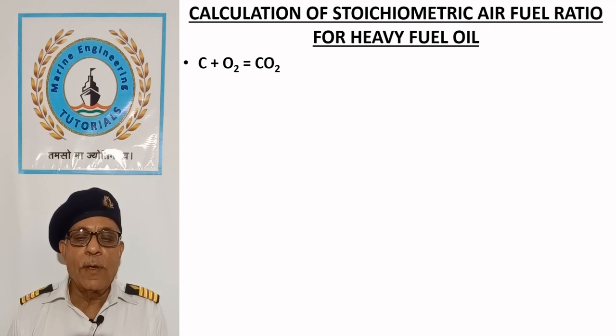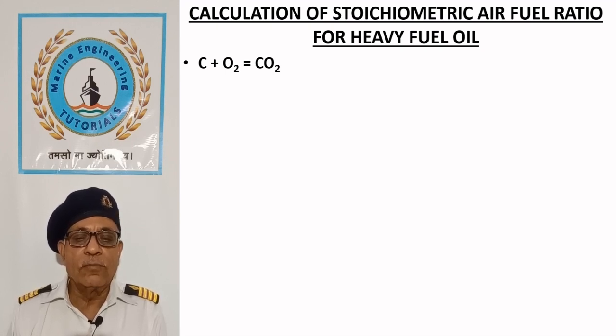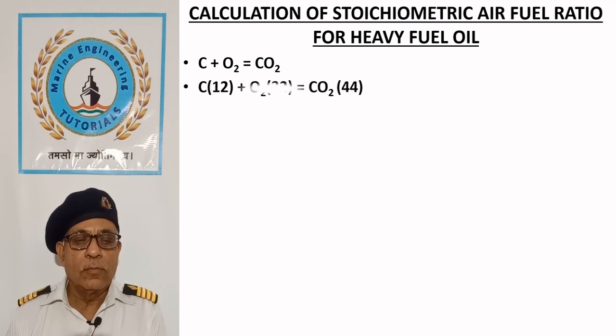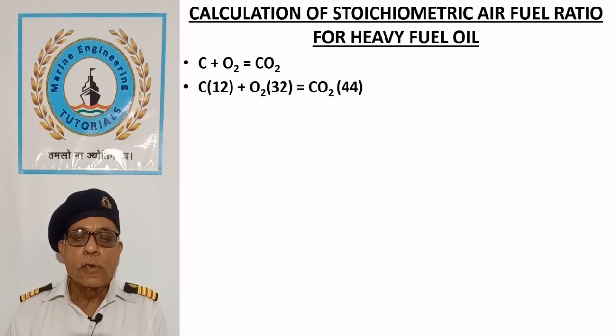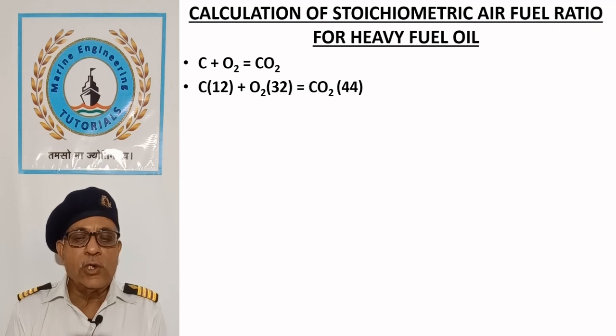One atom of carbon burns with one molecule of oxygen and forms one molecule of carbon dioxide. Substituting their atomic weights in the equation, we can say that 12 kg of carbon combines with 32 kg of oxygen to form 44 kg of carbon dioxide.